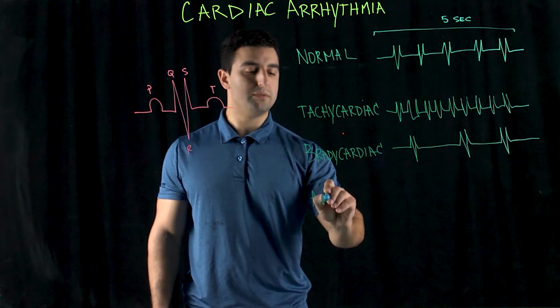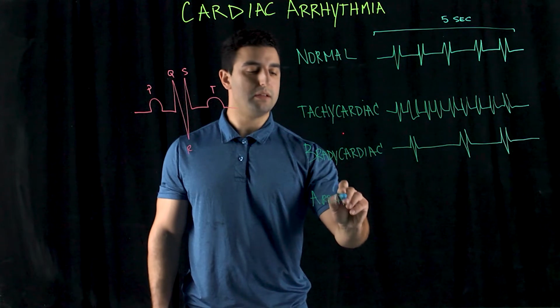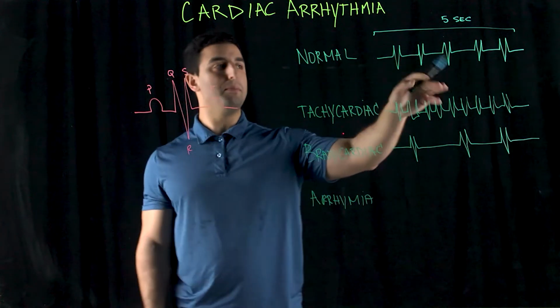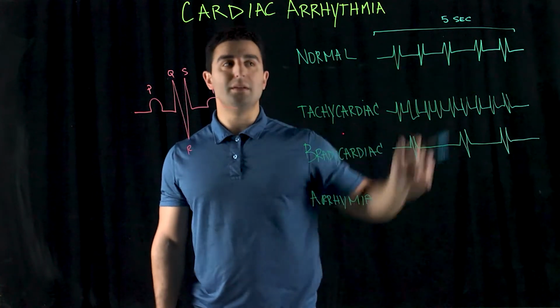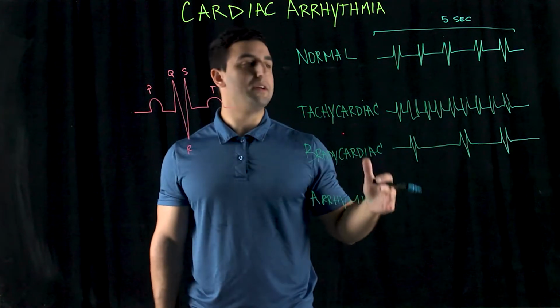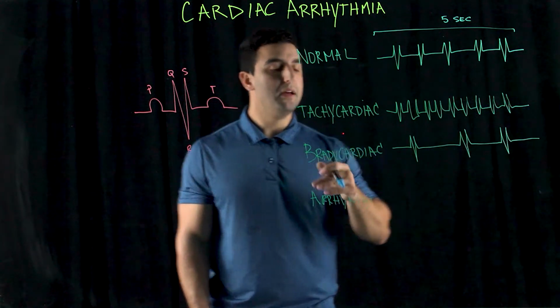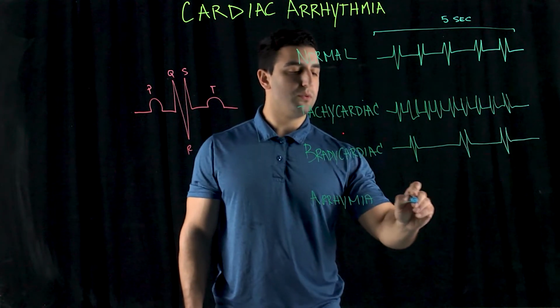And the final thing is the actual arrhythmias. When I say arrhythmias, I'm talking about the abnormal heart rate. You'll have the same number of sinus rhythms, but they won't be symmetric. If you notice from the tachycardia and bradycardia, there is some kind of symmetry. Arrhythmias would look more like this.